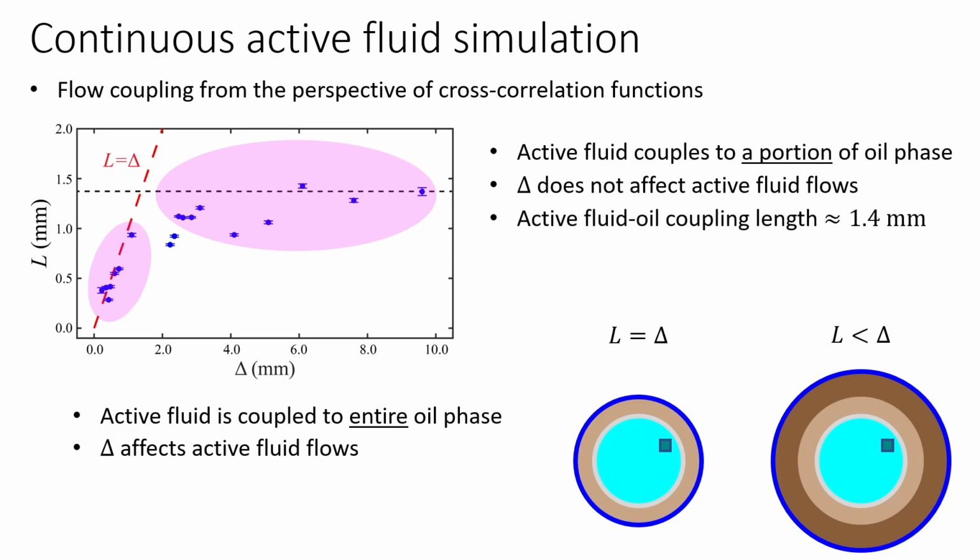Moreover, the saturated correlation length represents the characteristic coupling length between flows of active fluid and oil. The coupling length of 1.4 mm is consistent with our previous independent experimental outcomes that suggested a millimeter scale coupling length.